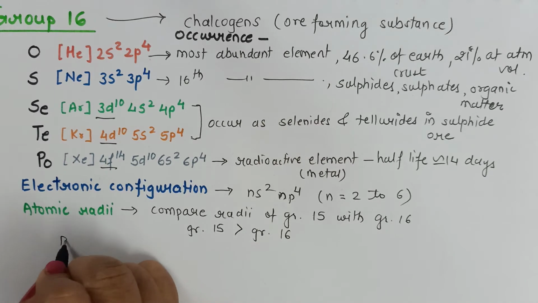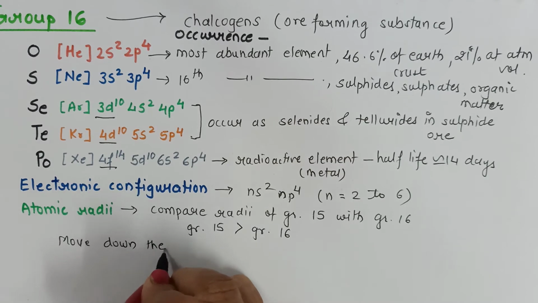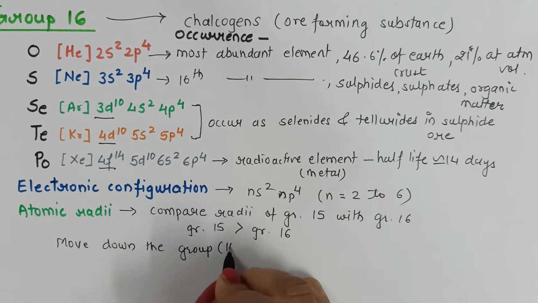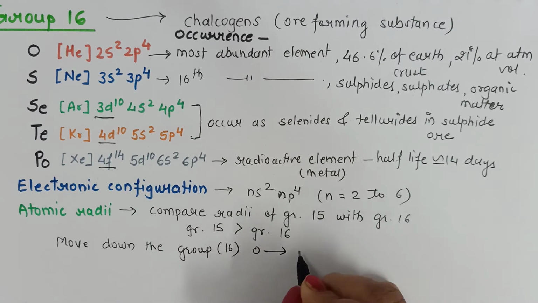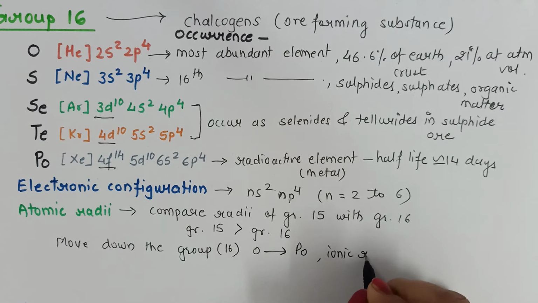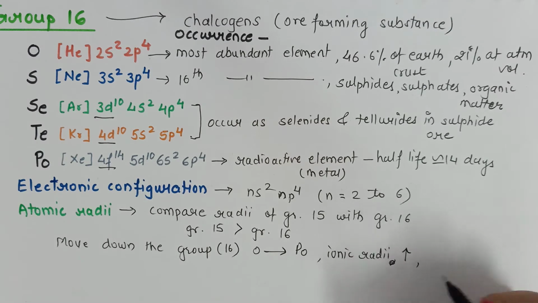But when we move down the group, in group number 16, when we move from oxygen to polonium, the atomic radii increases. Why? Because there is increase in number of shells.